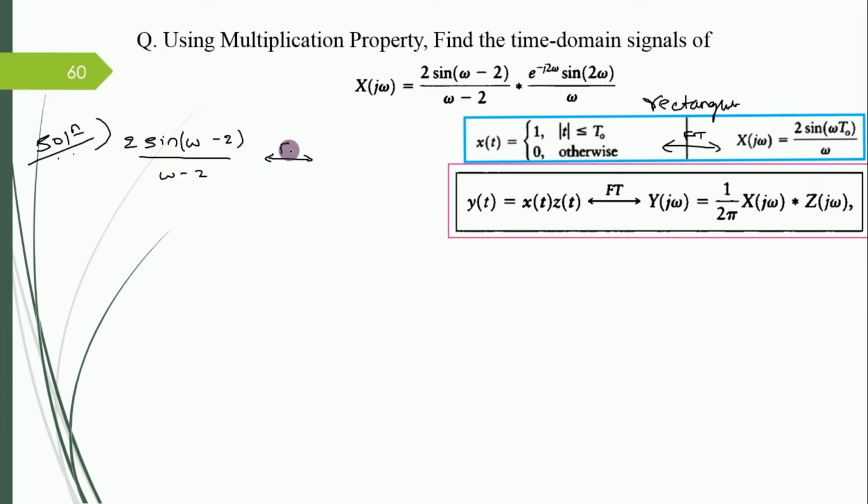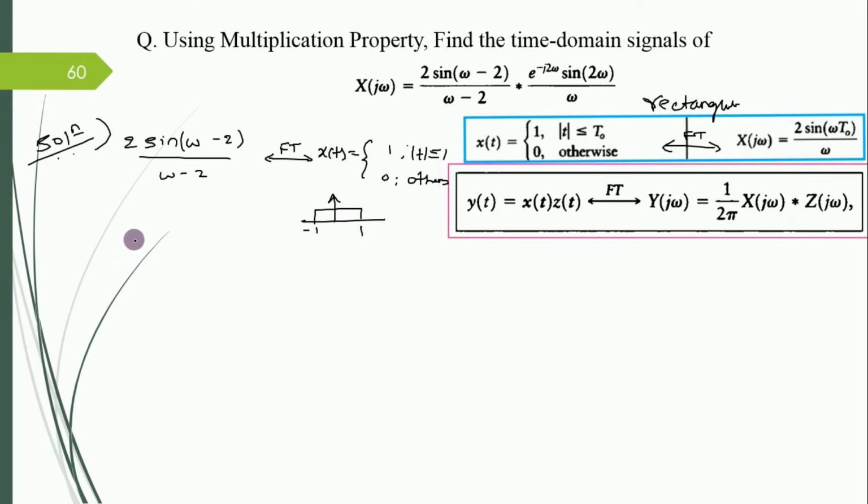Its FT pair is x of t is equal to 1 for t less than or equal to 1, and 0 otherwise. And if I want to draw this x of t, it will look in this fashion, minus 1, 1.